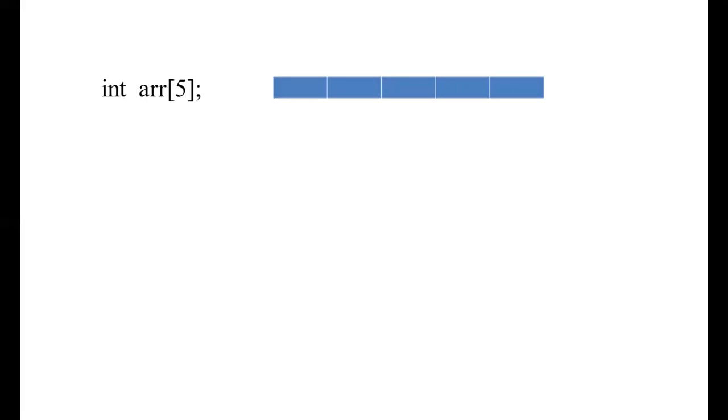For example, how do we declare an array? int arr of 5. Here 5 is the size. Whenever we declare a variable like this, it will allocate a memory block which can hold 5 elements of type integer at some locations, say 2046, 2048, 2050, 2052 and 2054. So this is the memory allocation.